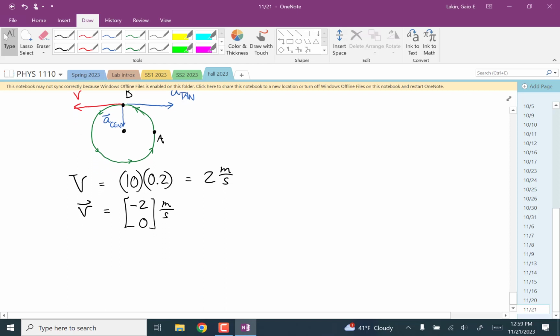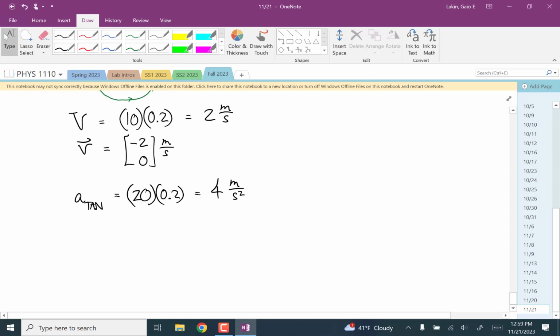And now for the acceleration, the magnitude of the tangential acceleration is the absolute value of the angular acceleration, 20, times r, 0.2, and that's 4 meters per second squared. The picture shows us that that's in the positive x direction, so the tangential acceleration is 4, 0 meters per second squared.